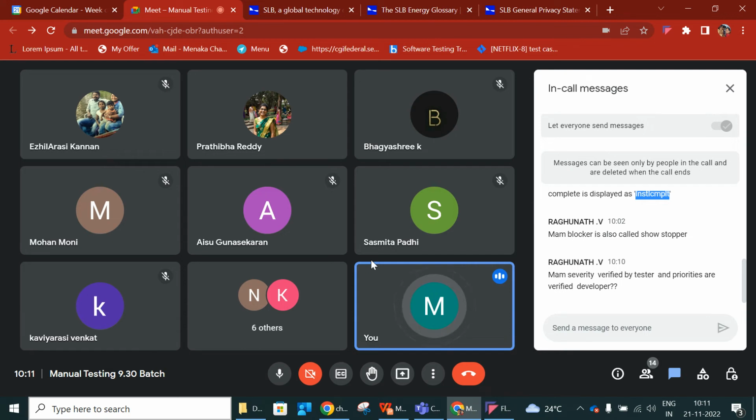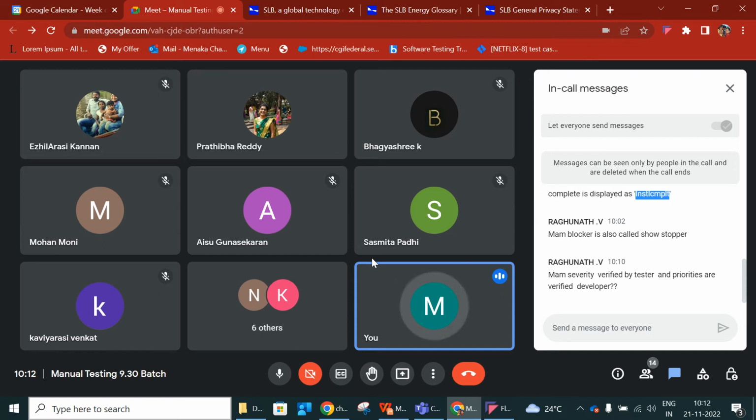But your important question is, can you give me an example of high severity high priority, high severity low priority, and low severity high priority? These will be your sure interview questions if you go for a testing interview. Even if it is automation or manual, they will ask you manual questions for a lot initially.